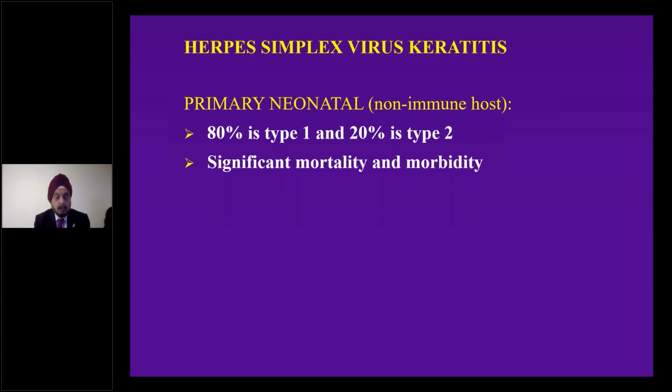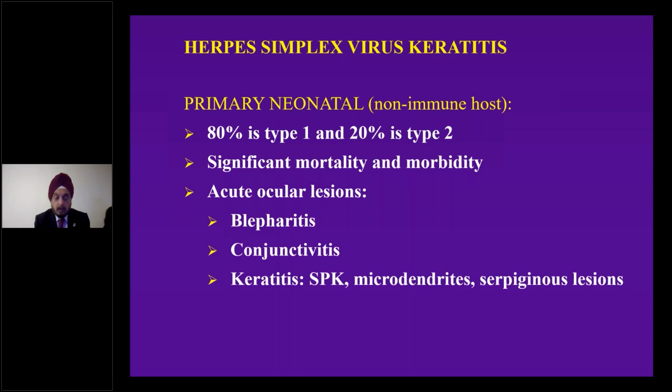And then you will find that 80% of this is type 1, which is the ocular herpes, and 20% is type 2, which is the genital herpes, and is associated with significant mortality and morbidity. The lesions can be acute in the lids, in the conjunctiva.